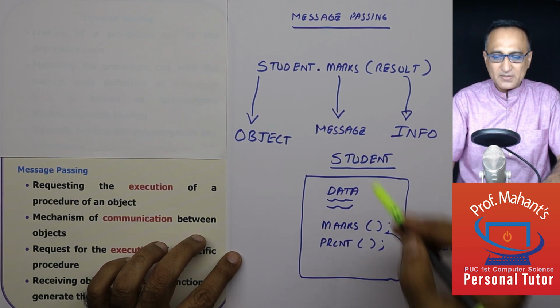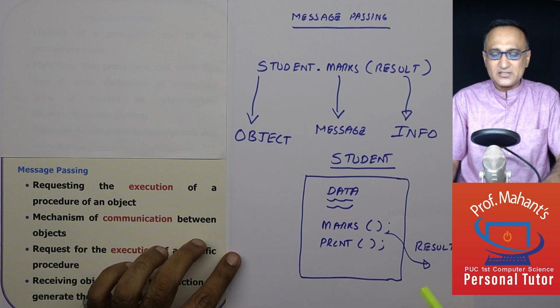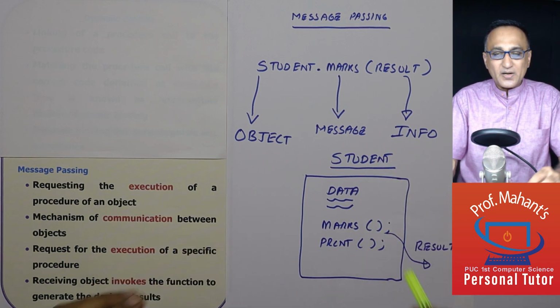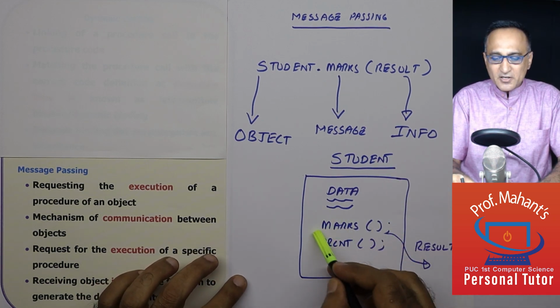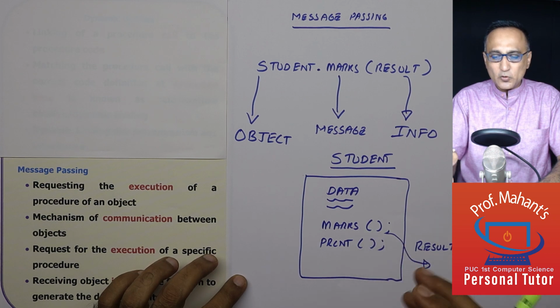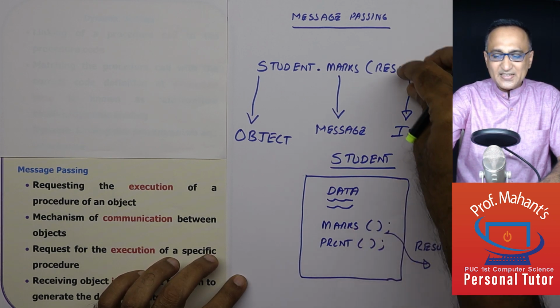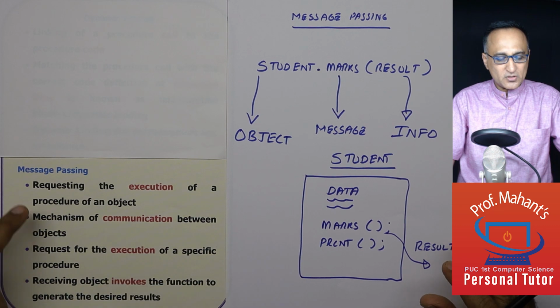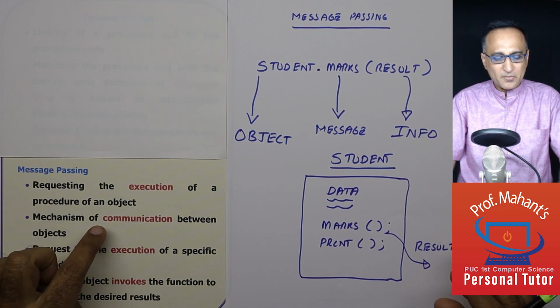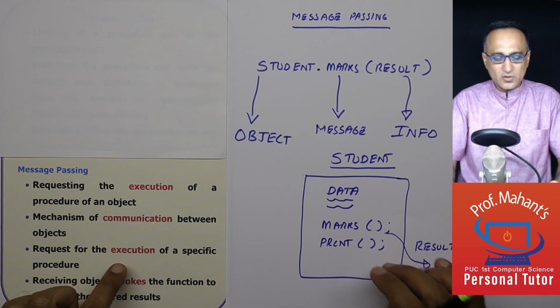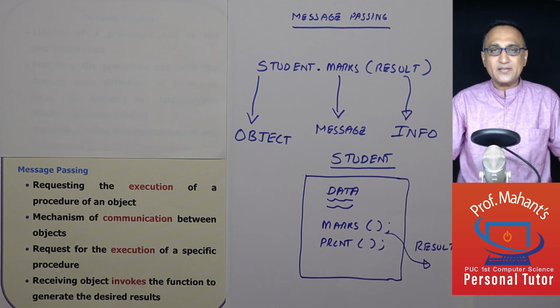I pass the message marks. So the student object will direct a function or method called marks to calculate the marks and send the result back to me. This is known as message passing. So there is a mechanism of communication, execution by the student data, and then you get the result.